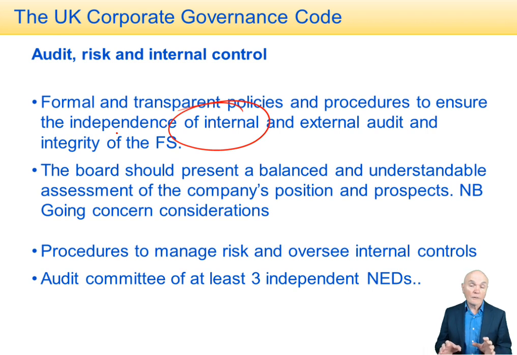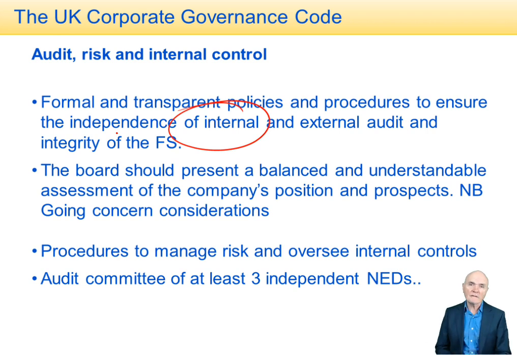There should be, therefore, an audit committee. An audit committee is composed of non-executive directors, and it will look after, for example, the internal auditors and the relations with the external auditors.